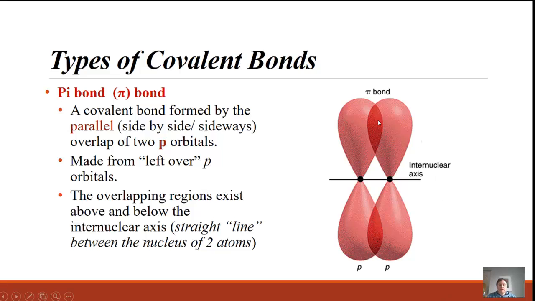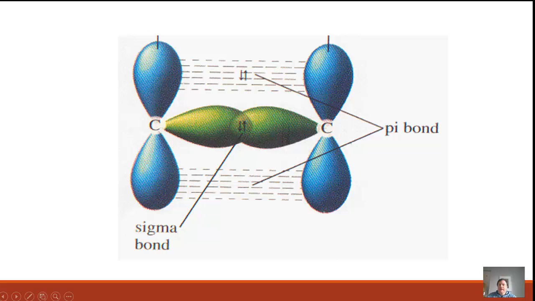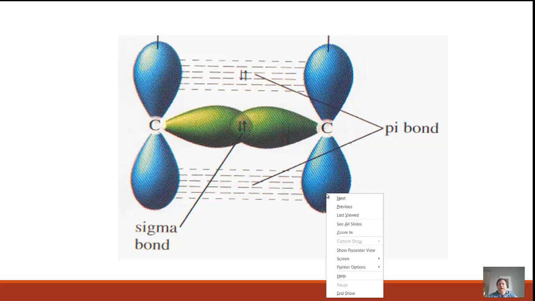And as we said, this pi bond is going to exist above and below this internuclear axis. So sigma bonds would be here, and pi bonds are up top there. Here's a picture. Here's our sigma bond along the axis, and our pi bonds are forming above and below.